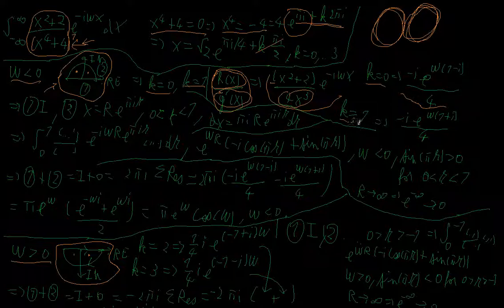And if I plug in k equal to 1, I get the square root of 2 e to the pi i over 4 plus 1 times pi i over 2. I rearrange that and plug it into my residue here. I should get negative i times e to the omega times i plus 1 over 4.